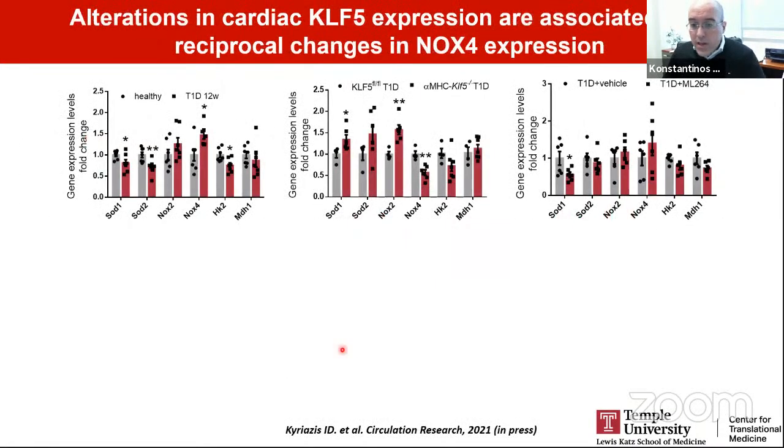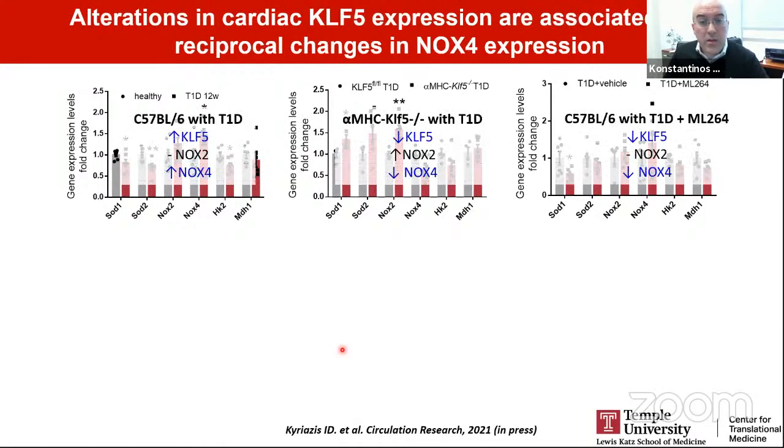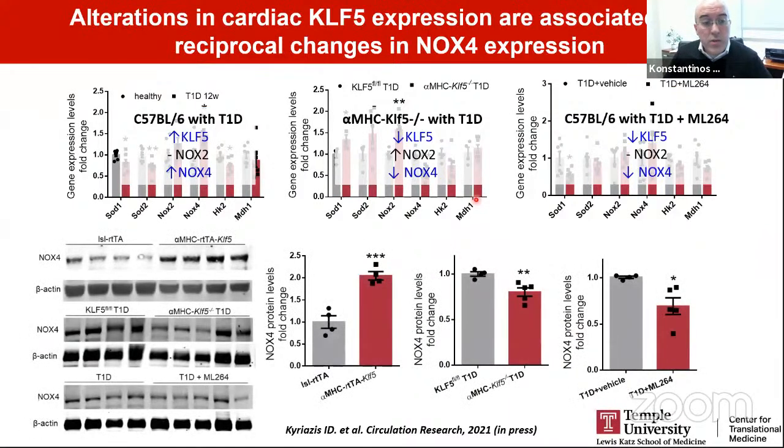Again, we checked the proteins that we picked up from the first screening in all 3 different animal models that we used. And to make the long story short, it seems like KLF5 was changing reciprocally with NOX4. So whenever KLF5 was up, NOX4 was up, or the opposite. Then we checked NOX4 expression in the transgenic mice, and you can see that there is a significant increase of NOX4 expression, which did not happen in diabetic mice when KLF5 was inhibited either in cardiomyocytes genetically or systemically with the KLF5 inhibitor.